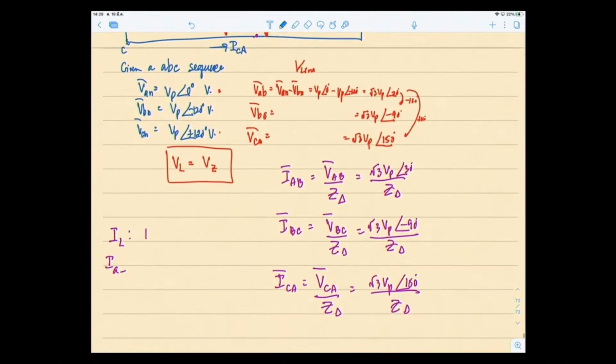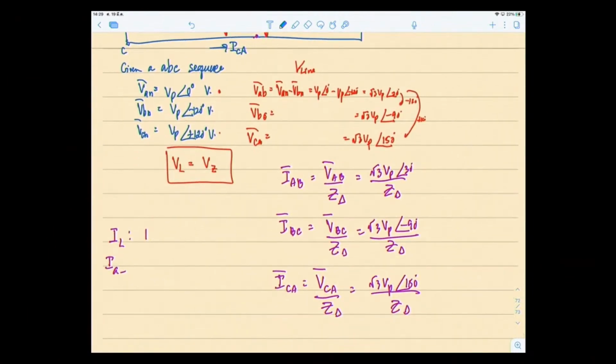So IA would be equal to IAB minus ICA, right? So KCL on each node. So IB, line B, would be IBC minus IAB, and line C equal to ICA minus IBC.